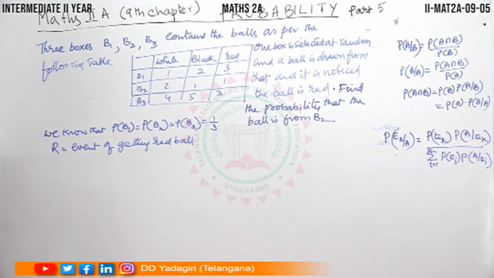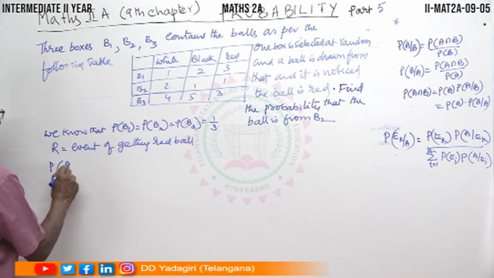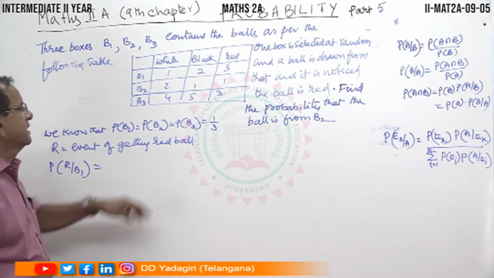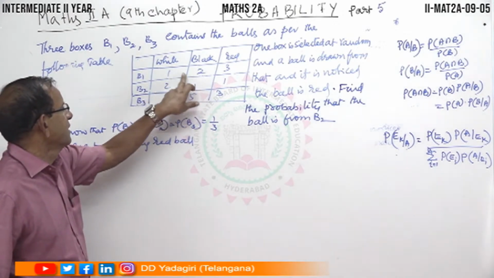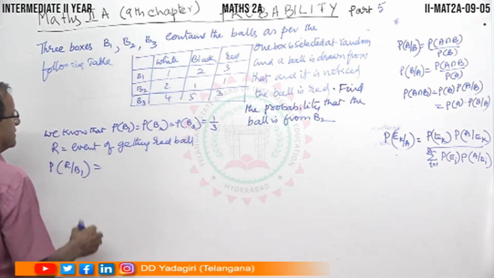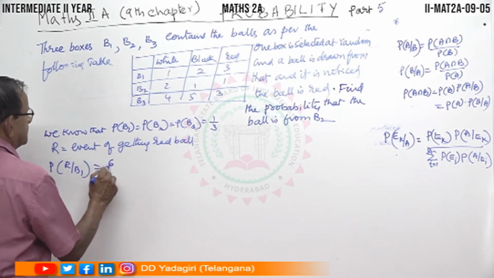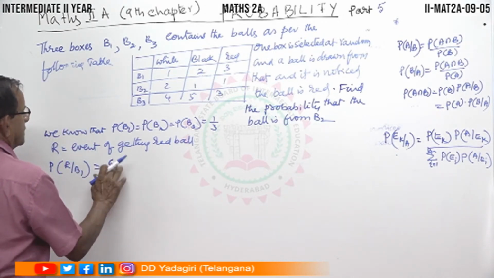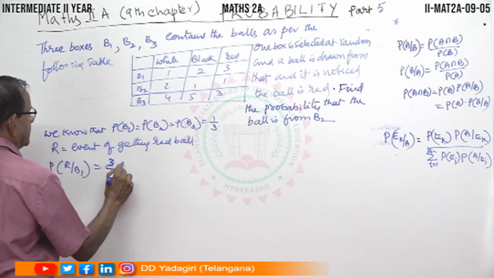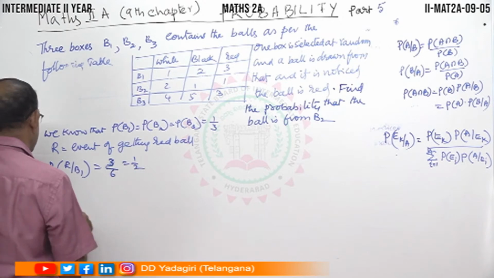Now let us consider the probability for getting a red ball from box 1. That is P of R by B1. How many balls are there in the first box? 1 plus 2 plus 3, that is 6. 3 out of 6, that is 1 by 2.